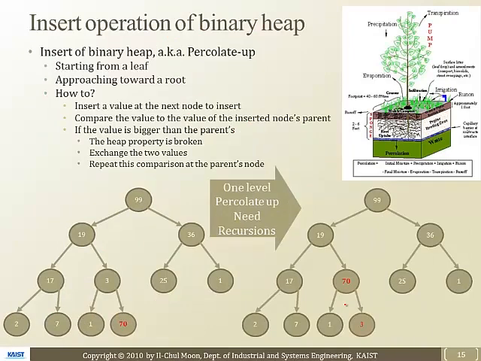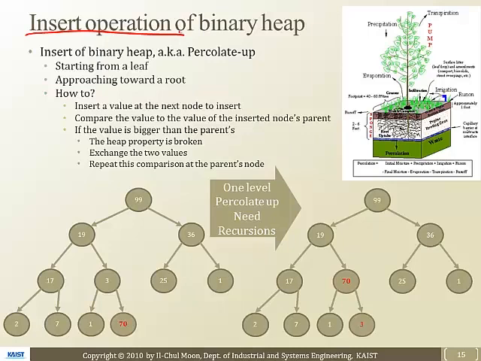Okay, so we have the reference-based tree implementations or the array-based tree implementations. That's the structure of the binary heap. And if we are going to do the insertion of the binary heap, how can we do that?